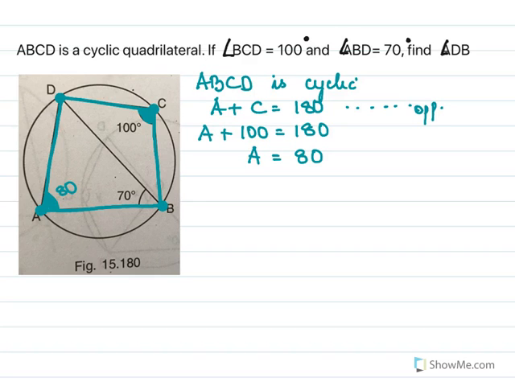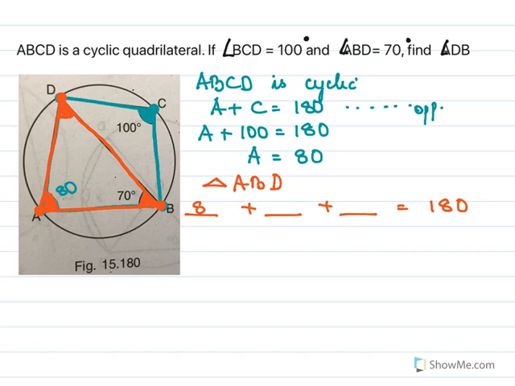Now let us spot a triangle with three angles given. Look at A, B, D. In triangle ABD, we know this angle is 70, we know this is 80, and we can find out angle ADB. So it's the next property: the three angles of a triangle sum to 180.